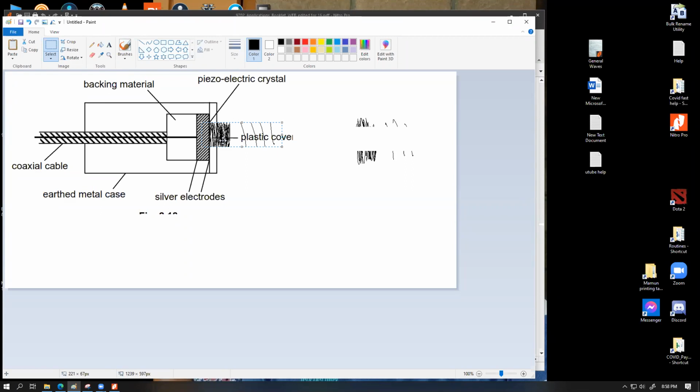Compression means the particles are squeezed in. So this will cause this crystal to become squashed, giving you 1 type of voltage. After this half cycle, whenever it starts to experience the rarefaction, this piezoelectric crystal will try to expand outwards to accommodate the variation of pressure. So this is one thing.